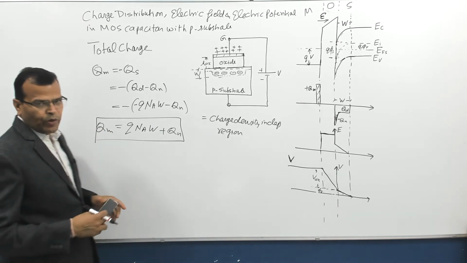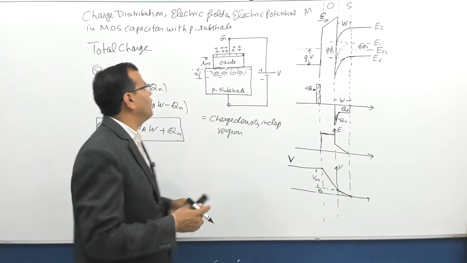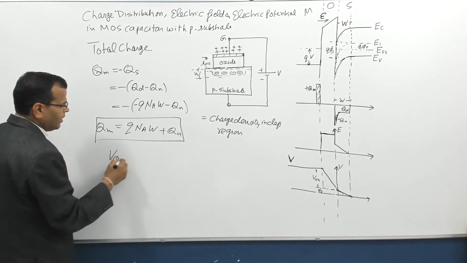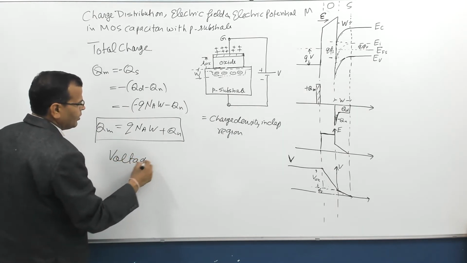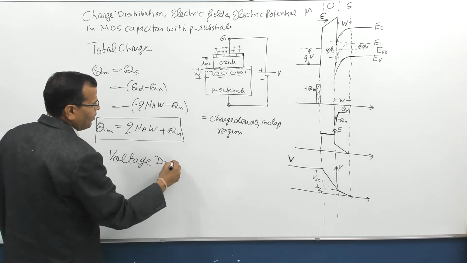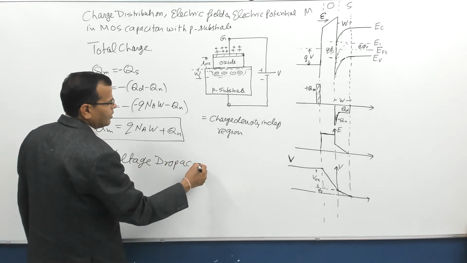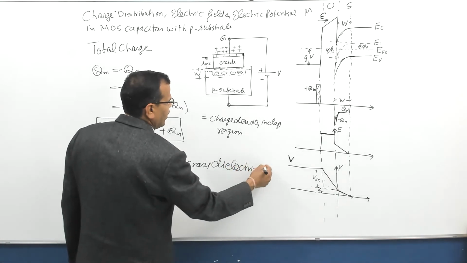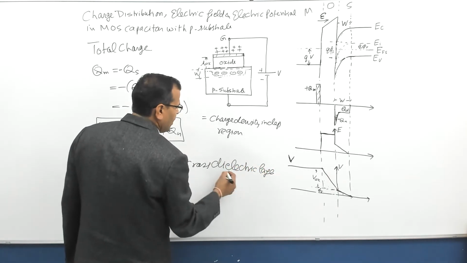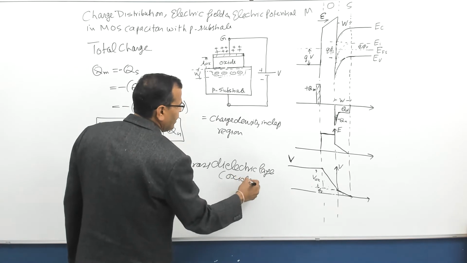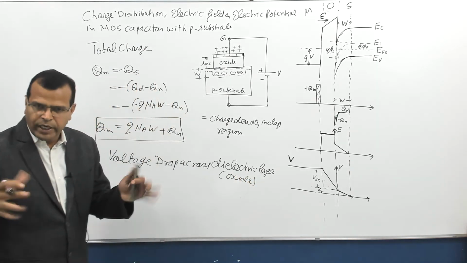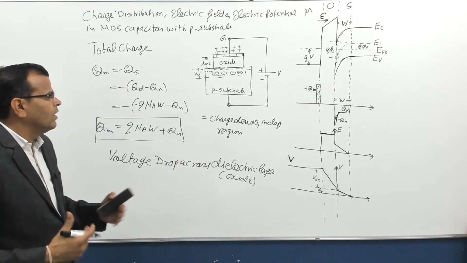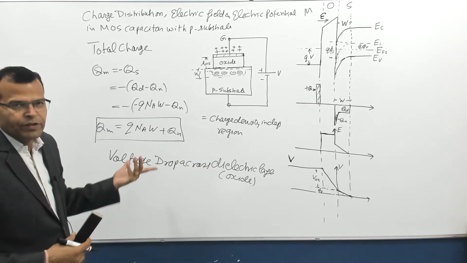So now there is one interesting relationship. I have got Qm, and if I want to find the voltage drop across the dielectric layer, or you can say the oxide layer, oxide is basically a dielectric material, so that's why I have written dielectric, because of the nature of the material.